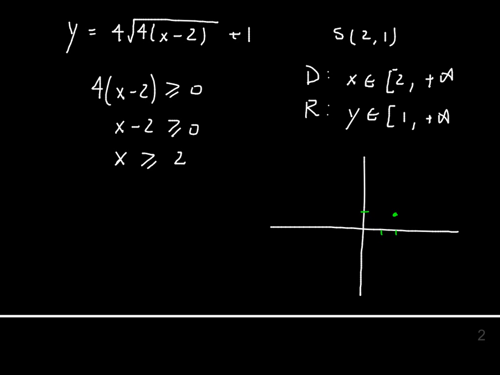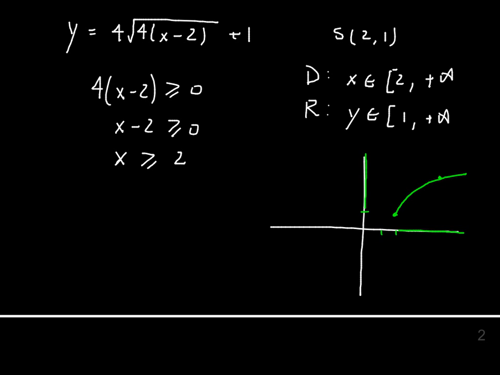And the domain says that I'm going from 2 all the way to positive infinity, so that's all these points over here. My range says from 1 all the way to positive infinity, so I'm going to be doing something sort of like this. Now, for a more precise sketch, you can always choose a point for x and y, plug it in, and then find it somewhere else on your graph, and then connect the dots. But for me, this is a simple sketch, so just to get an idea of what's going on.